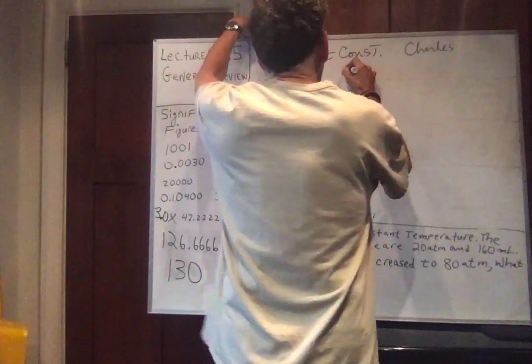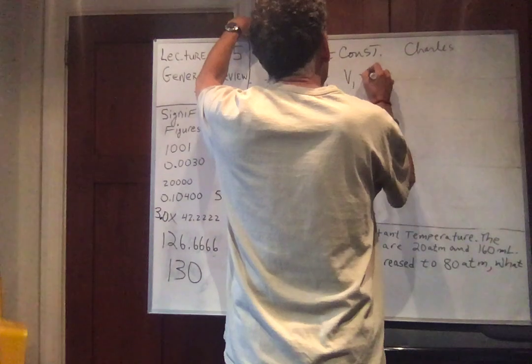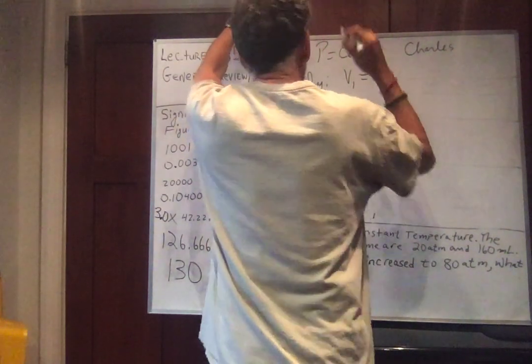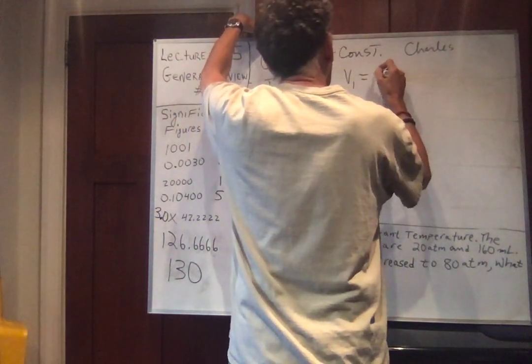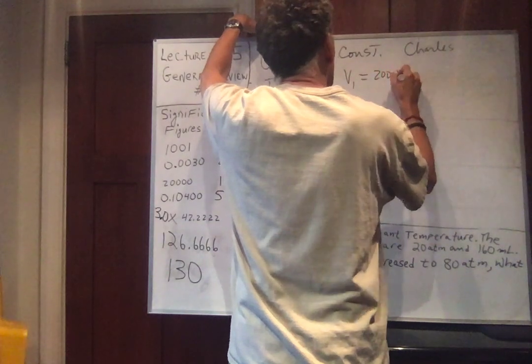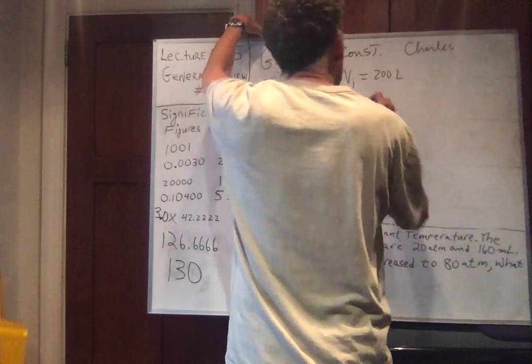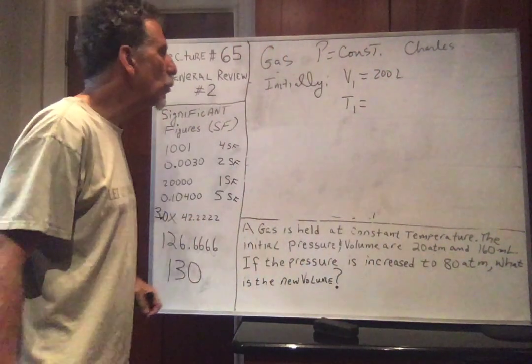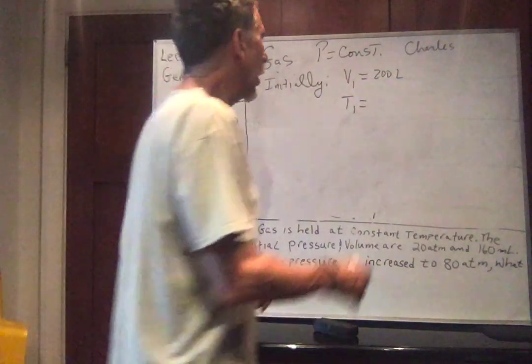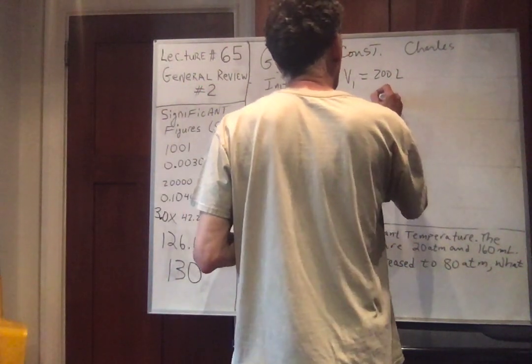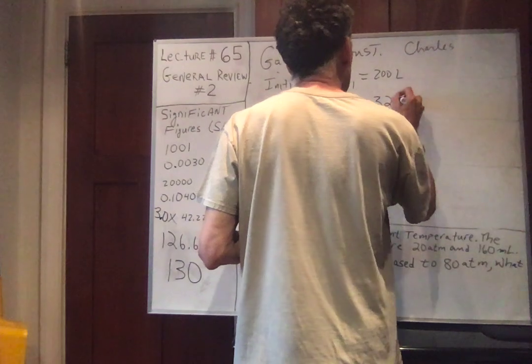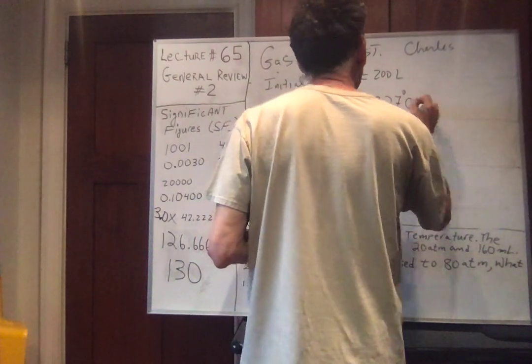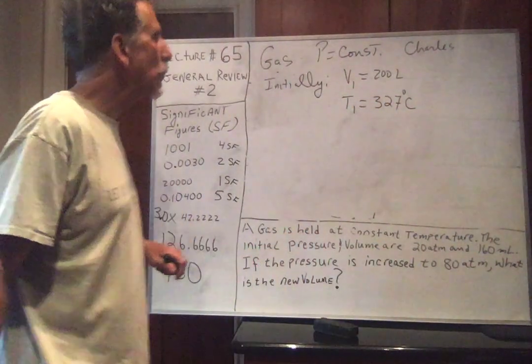So let's see, V1 equals, I don't care, 200 liters. T1 is equal to, let's see, I don't care, 327 degrees C. Okay.